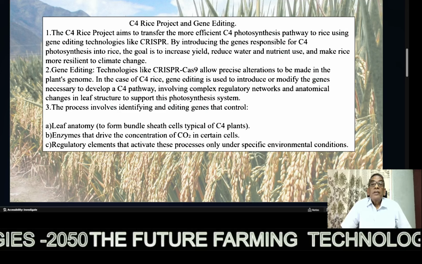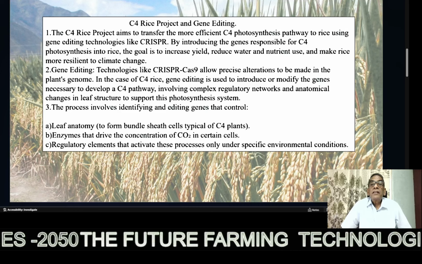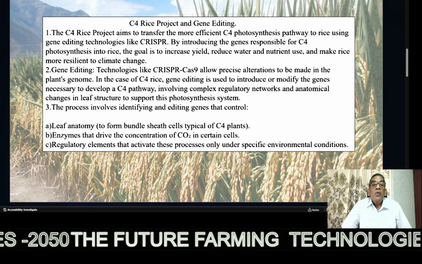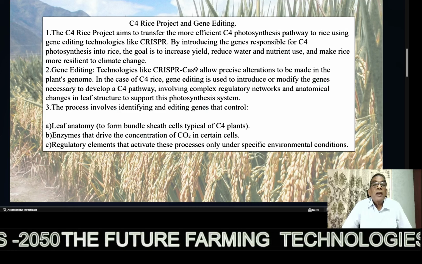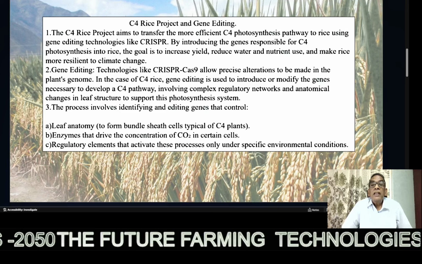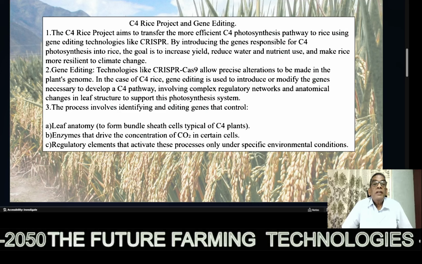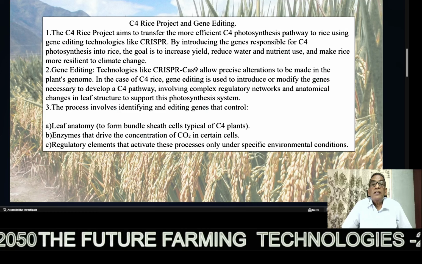The C4 rice project aims to transfer the more efficient C4 photosynthesis pathway to rice using gene editing technologies like CRISPR, by introducing the genes responsible for C4 photosynthesis into rice.